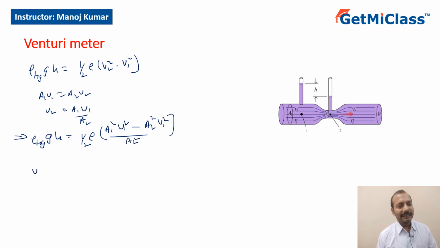So from this I can take out V1 square outside. That will give me rho Hg into g h into 2 by A1 square minus A2 square, into A2 square.